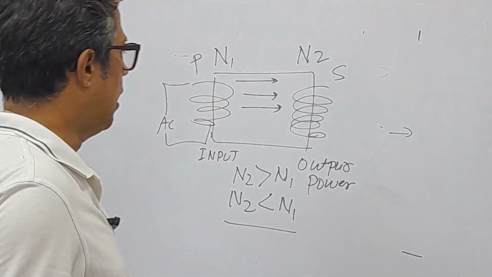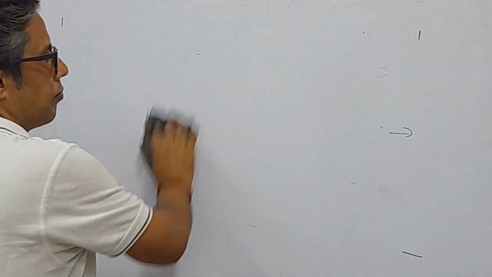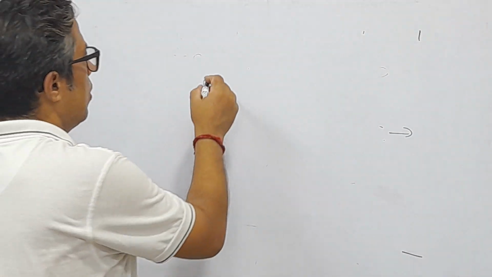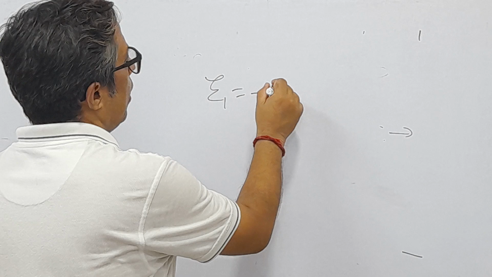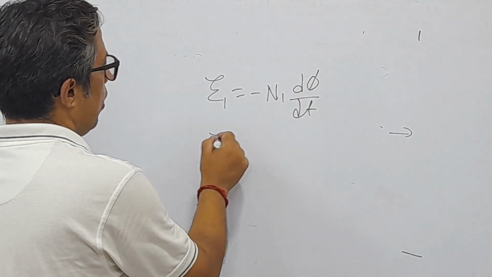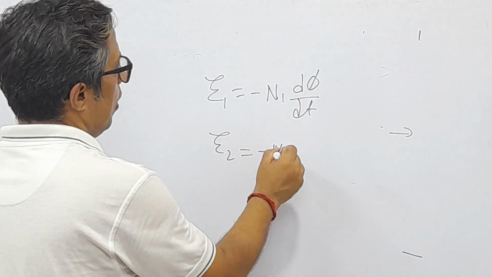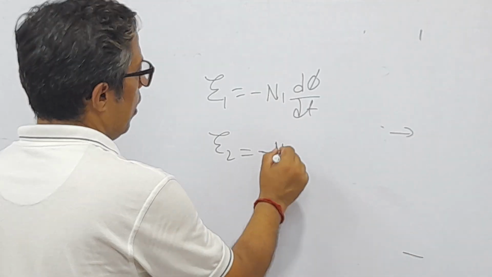So you will get different conceptual questions from this part, and two equations you can remember. This is the induced EMF in the primary coil, and this is the induced EMF in the secondary coil.